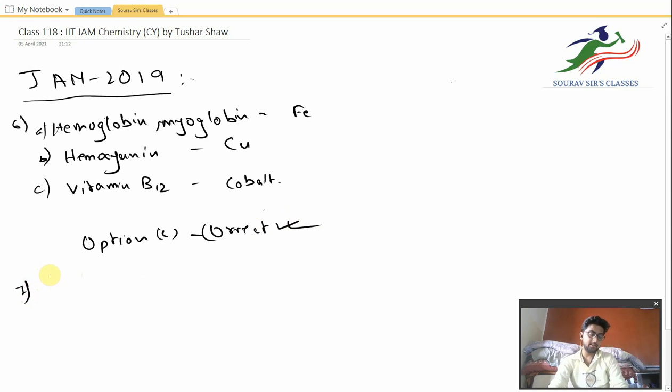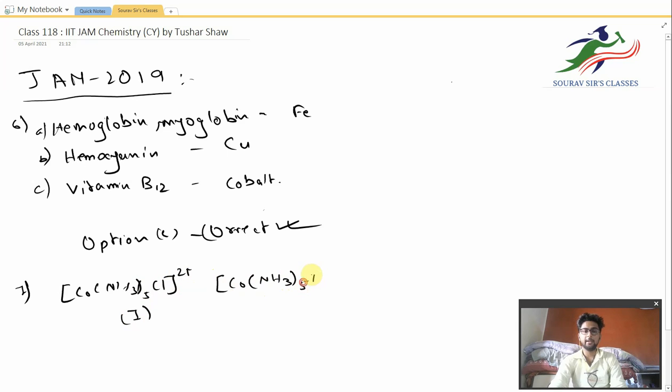The correct order of wavelength of the halide to metal charge transfer band of the three complexes is asked. [Co(NH3)5Cl]2+ is compound number 1, [Co(NH3)5Br]2+ is compound number 2, and [Co(NH3)5I]2+ is compound number 3.